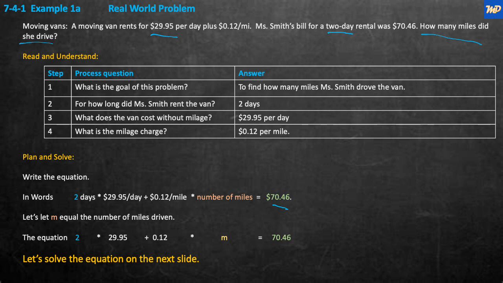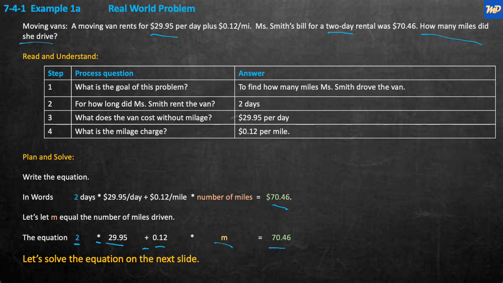We know that. Okay, so if we piece this all together, let's let M equal the number of miles driven. Some variable, might as well call it M because it matches miles, M for miles. And then, what do we have to do to write the equation? So writing the equation, we're going to take 2 days times $29.95 a day plus 12 cents times the number of miles.